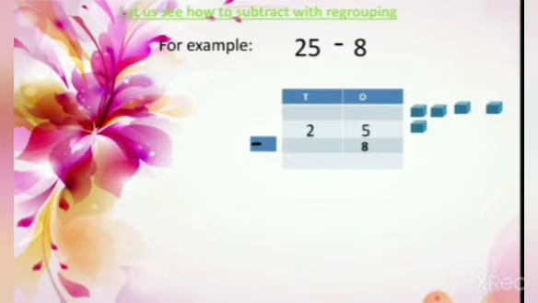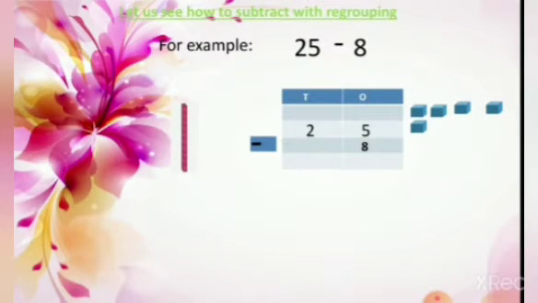To regroup, we need to take one of the tens blocks for 10 ones. So let's move to the tens place. The number is 2. So 1, 2. We will take 1 block from here.